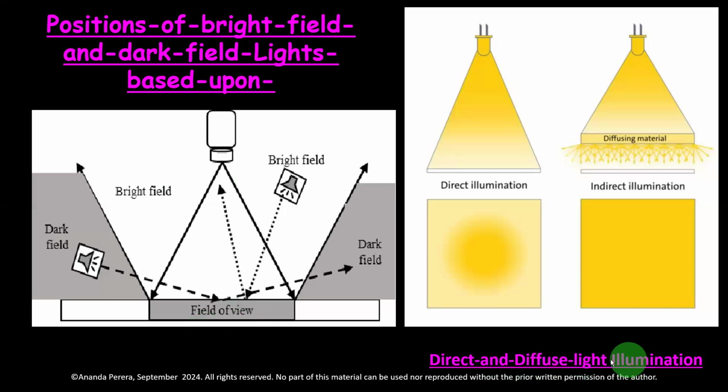Now look at this. Direct and diffuse light illumination. We know very well, but you may have no idea. In your home maybe there are diffuse lights on the ceiling. If the light is here, this is direct illumination.